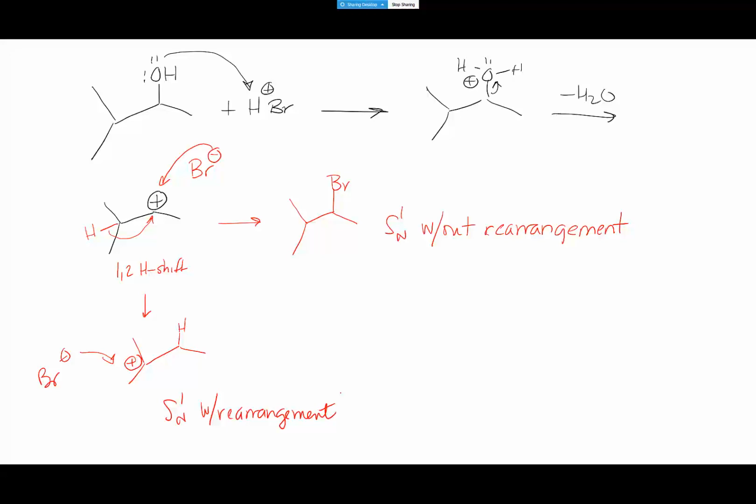And then for SN2, we've got the oxonium ion, which is bringing an H over. So with this oxonium ion, if we wanted to do SN2, let's say the Br minus wants to come in and attack that carbon. Can it do that?